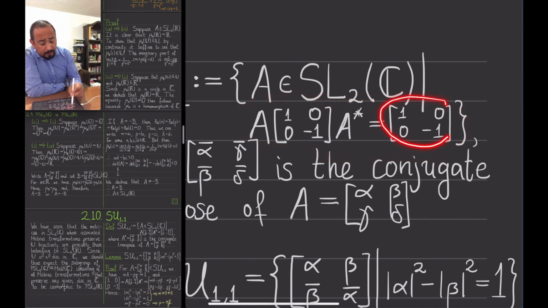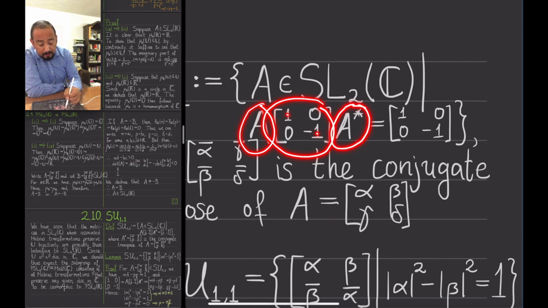the bilinear form of signature 1, minus 1, right? And when I say preserve, what I mean is that A times that matrix of signature 1, minus 1, times the conjugate transpose of A is the matrix to be preserved, right?